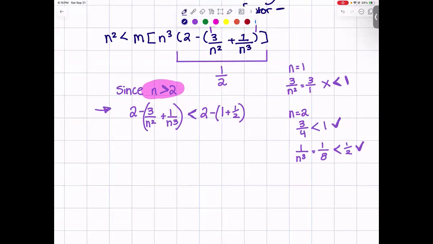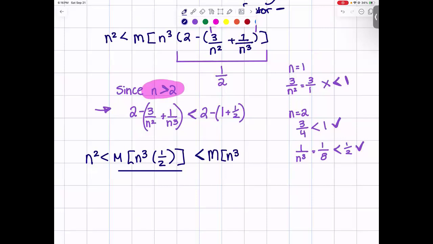So now we can replace those two things in there such that if we can find the other maximum bound of n, that this will end up becoming a half. We've already shown that this is less than the original statement, 2 minus 3 over n squared plus 1 over n cubed.